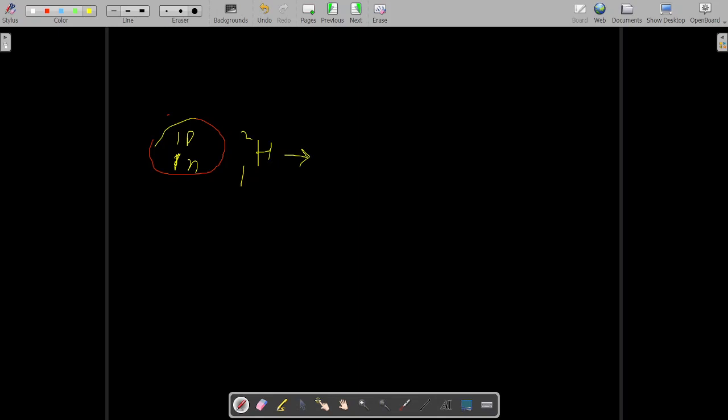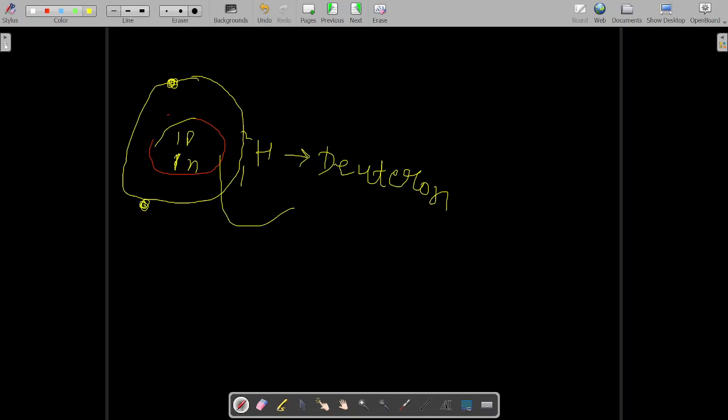If it is a nucleus only, then it is deuteron. But if atoms or electrons are also there, meaning it is an atom, then it is deuterium.